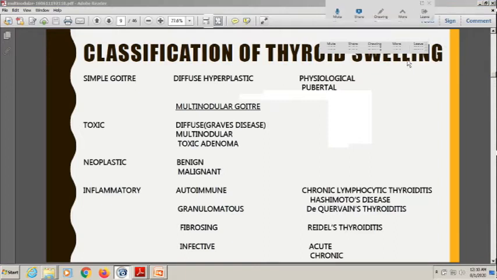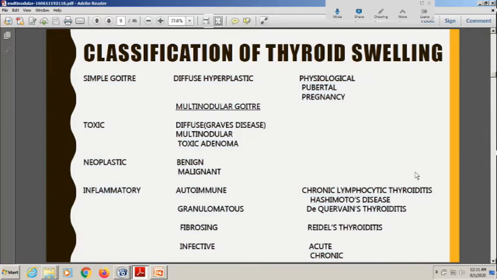Now the main four categories of goiter, or thyroid swelling, are simple goiter, toxic goiter, neoplastic and inflammatory. Now the simple goiter, the name itself says it is simple, which means it is non-toxic. Simple is again divided into two categories. First is diffuse hyperplastic and second is multinodular goiter.